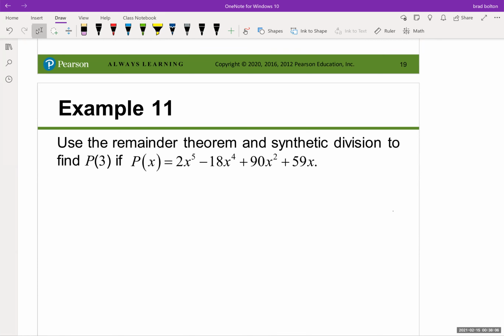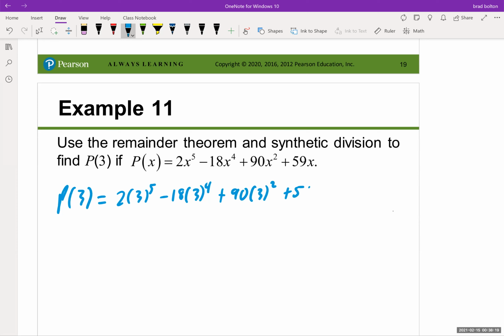So I could just say p of 3 equals 2 times 3 to the 5th minus 18 times 3 to the 4th plus 90 times 3 squared plus 59 times 3. So this is definitely a calculator question. So let's put this in our calculator.